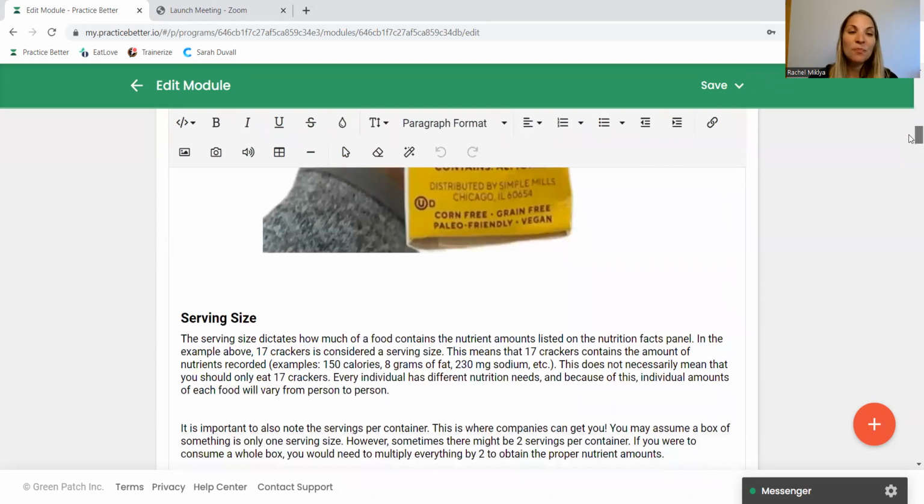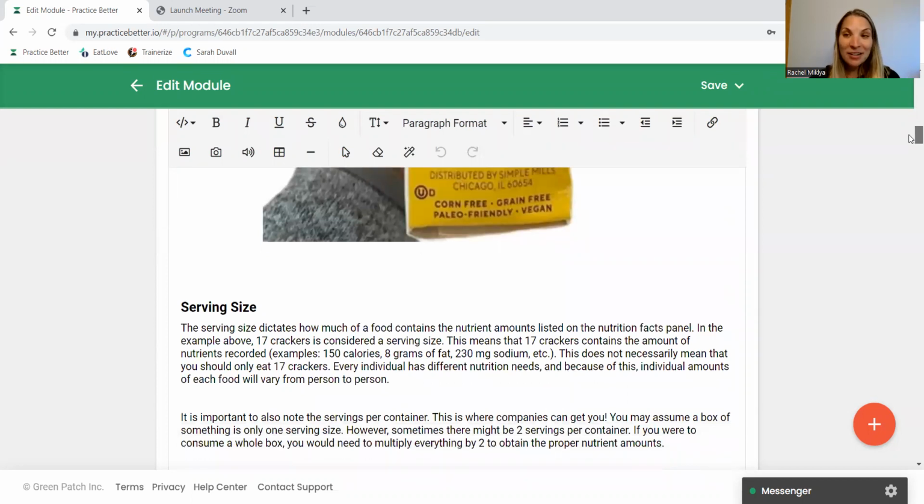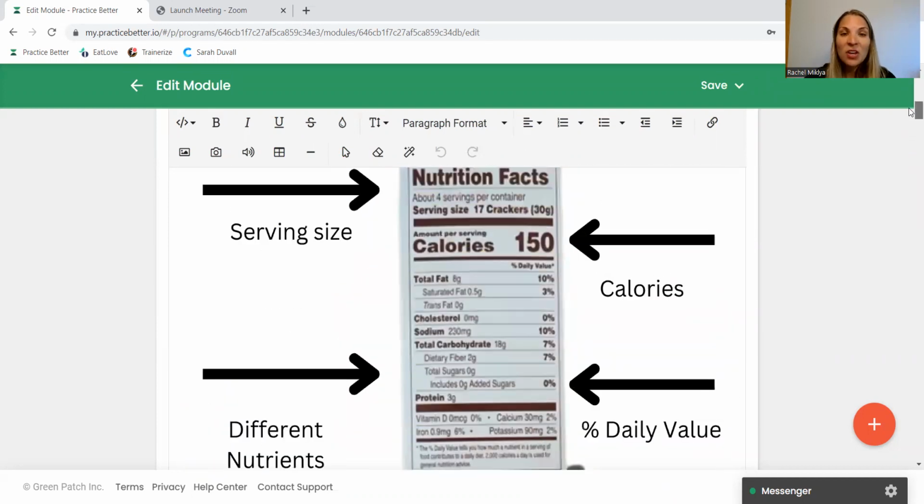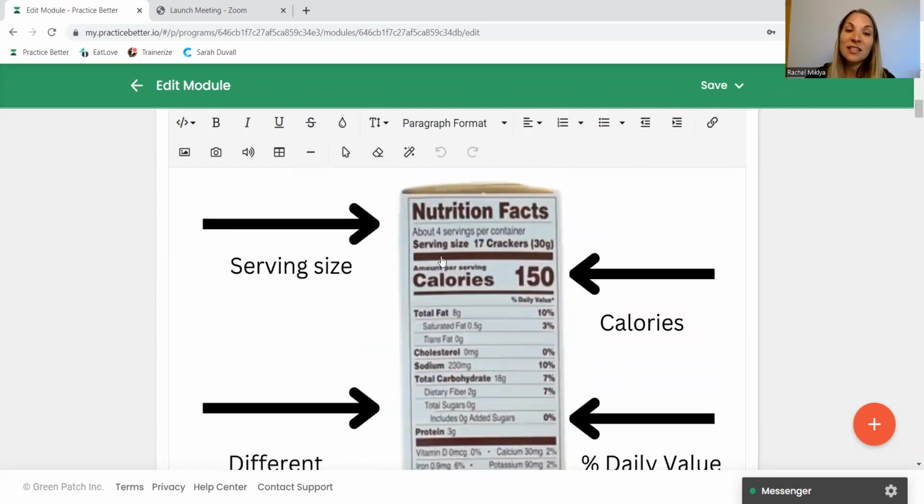So if we go down, serving size. I'm going to talk about what that is first. The serving size dictates how much of the food contains the specific nutrient amounts listed on the nutrition facts panel. The serving size of these crackers is 17 crackers. That doesn't necessarily mean that you should only eat 17 crackers.